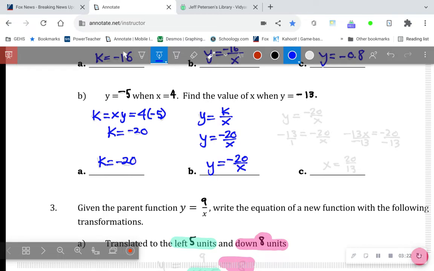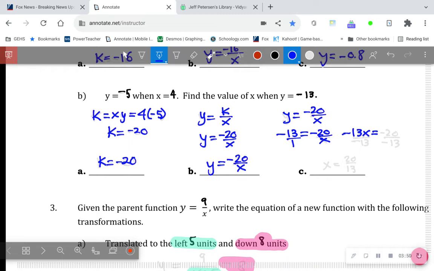And then we use that equation to find the value of x when y is negative 13. So let me write the equation. I'll put a negative 13 for the y. And if you put this over 1 here, you can see you got a proportion. So we'll cross multiply in the downhill direction first.